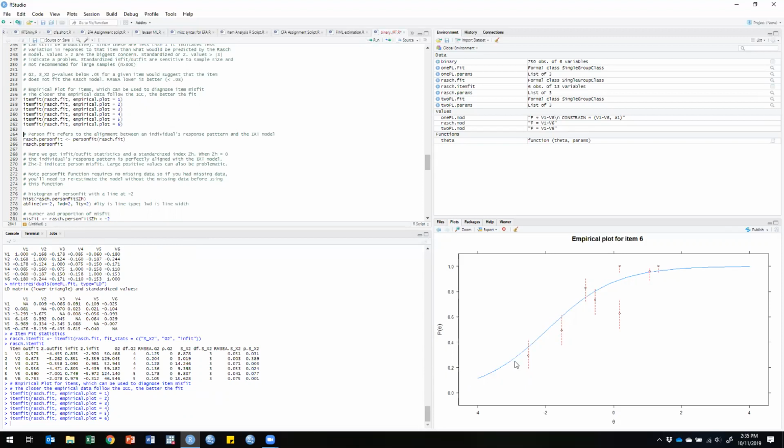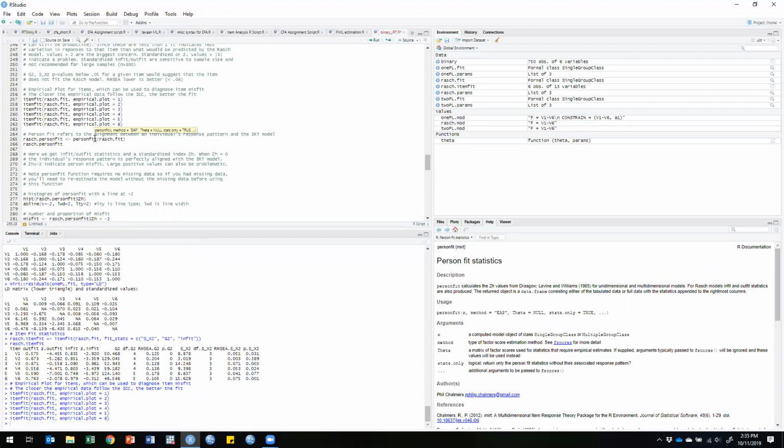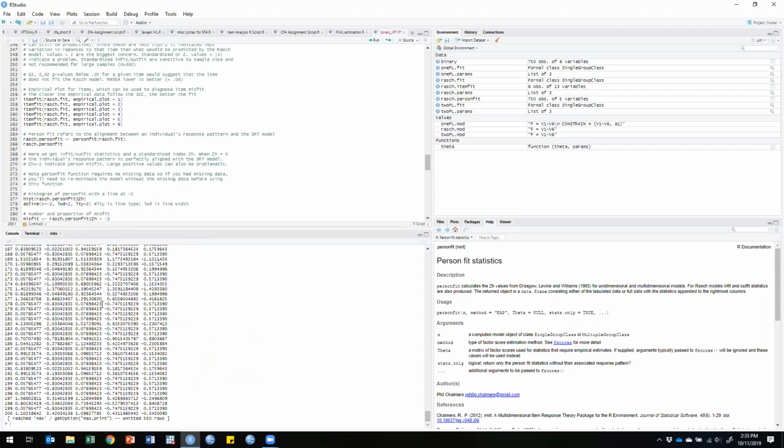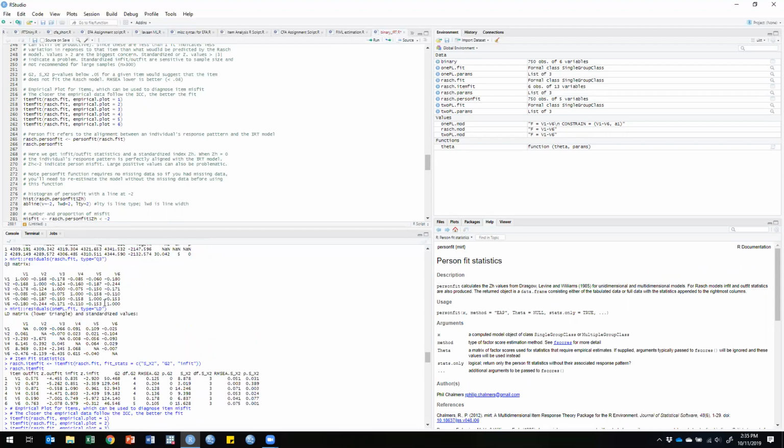So that's just a way we can visually diagnose misfit. We can do it for each of the items, and we can also do it for persons. There's a personfit command in the mirt package, which will give us how well each individual fits the Rasch model.